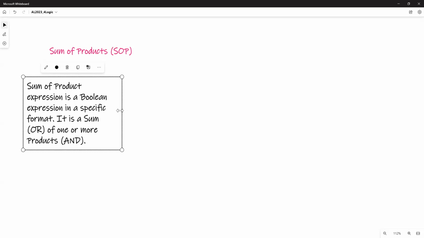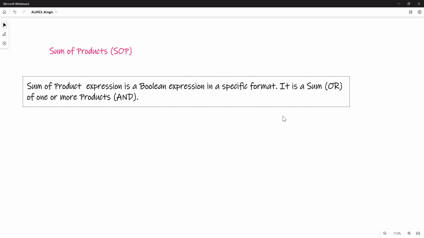Right? So sum of product expression means, yes, Boolean expression in a specific format, and it is a sum or OR of one or more products. Okay.